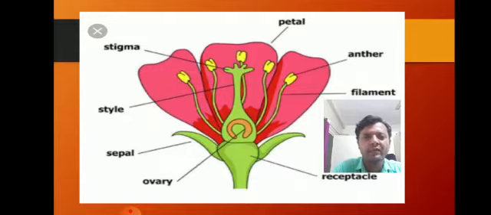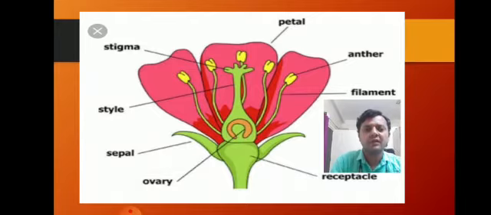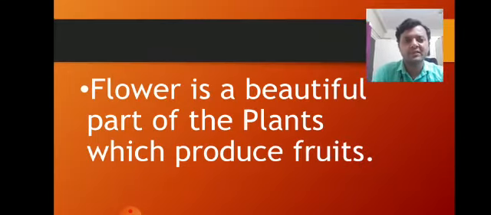See the ovary, then sepal, then style, then stigma, then petal, then anther, then filament, and then receptacle. Now we'll be discussing the different types of flowers, the different parts of flowers, and what the flower performs for a plant. So first of all, see the definition.